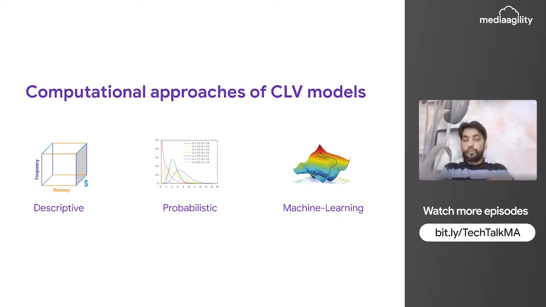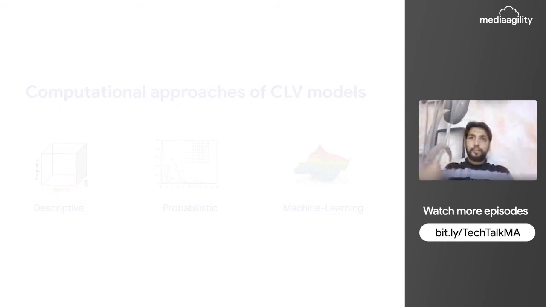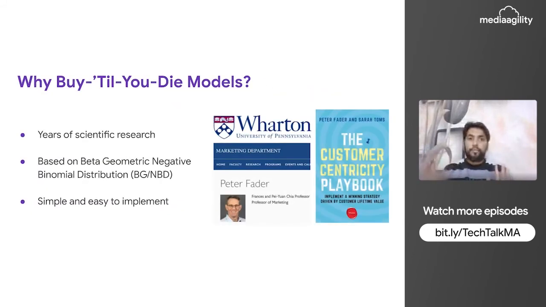So how does a probabilistic model work? Predicting the future lifetime value is a very tricky problem, but we have a renowned industry model for it, named the buy till you die model.